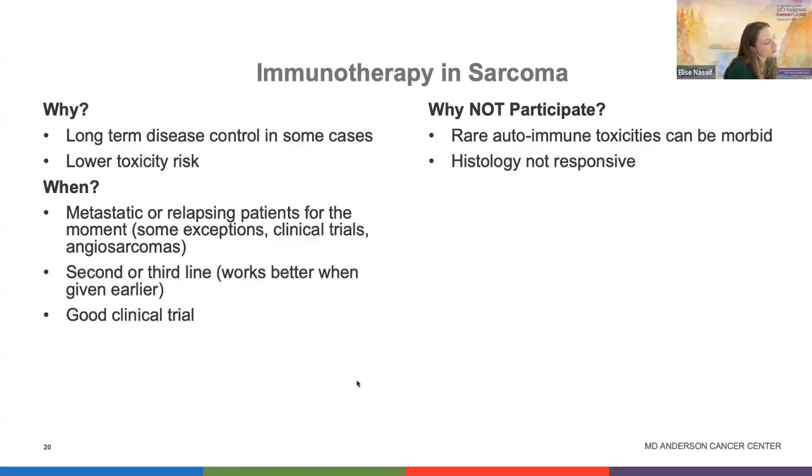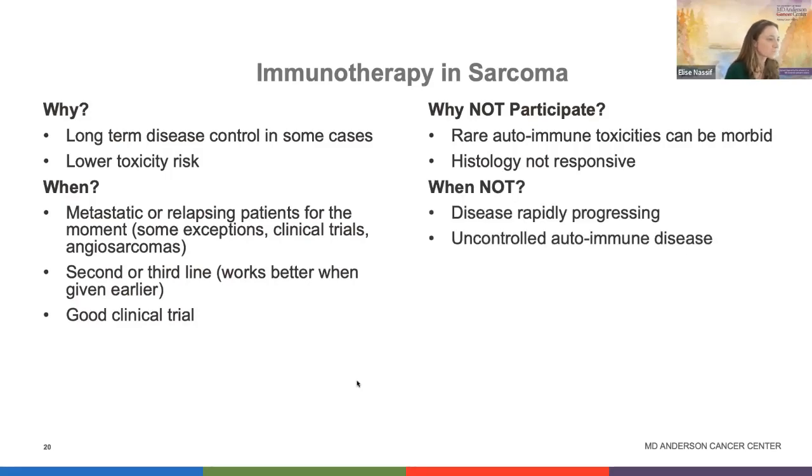And in terms of clinical trials, we now have more and more data showing us that the earlier you give the immunotherapy, the more likely it is to be effective. But this is only in the clinical trial setting. However, if you have a histology that is very sensitive to immunotherapy, and there's a good clinical trial in the first line with combinations with other modalities, that may be a very good option.